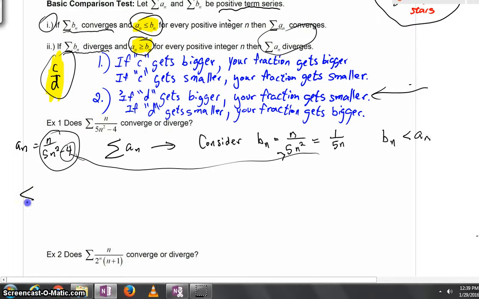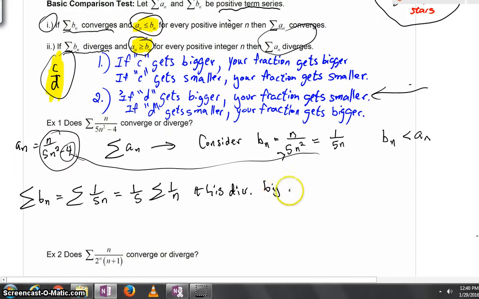But as we look at b sub n in a series, we've got this 1 over 5n, which, by the way, I could factor out a 1/5. You could always factor out a constant. And this diverges by the p-series.